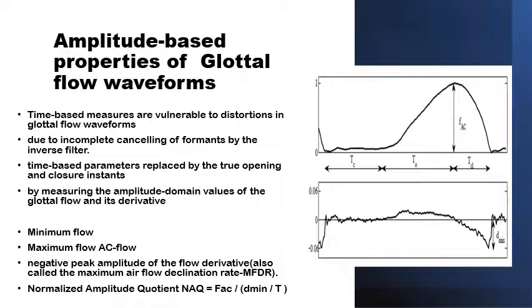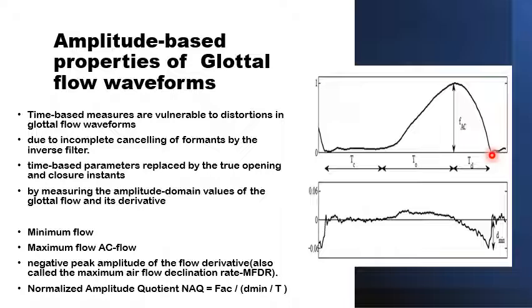We've been through some of the parameters describing the glottal flow waveform related to the duration of some of the phases of the glottal flow waveform. Things like the open quotient, the closing quotient, and the skewing quotient, all related to durations of the phases. There may be some difficulty in the exact identification of the start and the end of the different phases due to some impurities in the estimated signal while inverse filtering it.